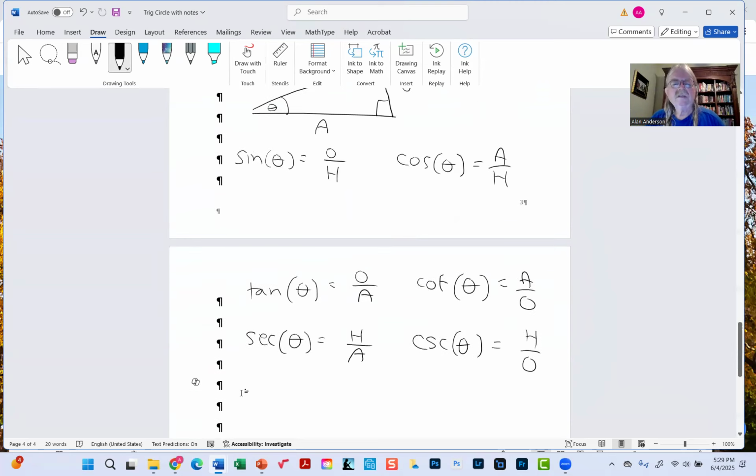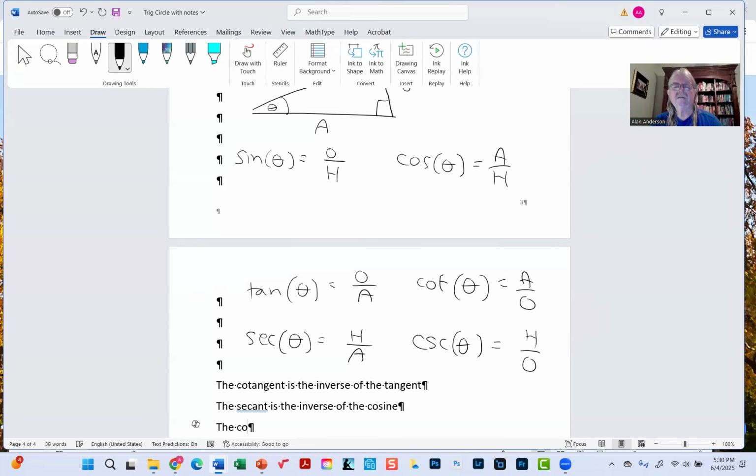All right, so what this tells us is that the cotangent is the inverse of the tangent. The secant is the inverse of the cosine. And the cosecant is the inverse of the sine.